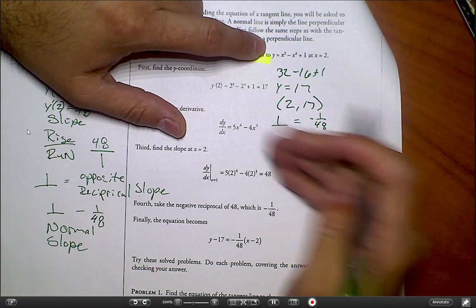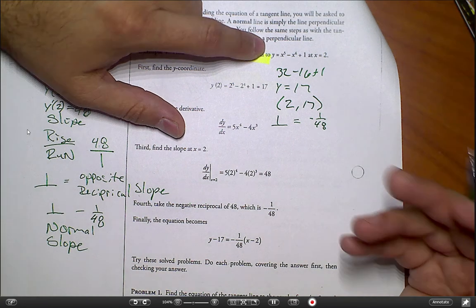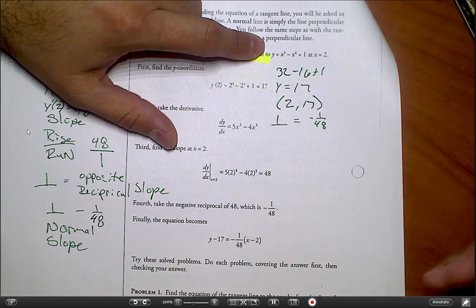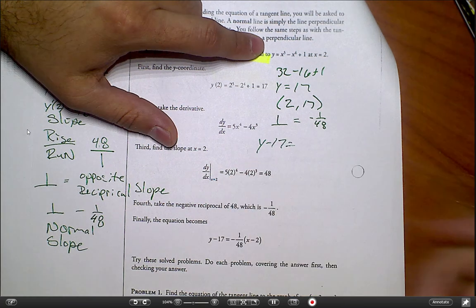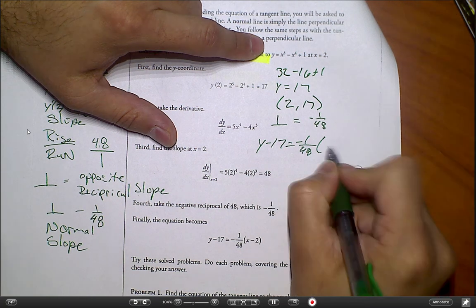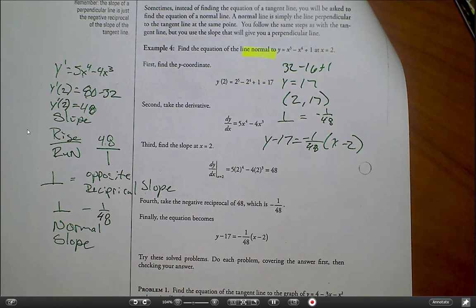I hate looking at other people's stuff because sometimes I can't follow what they're doing, and I need my brain to go step by step on this. So it's going to be y minus 17 is equal to negative 1 over 48, quantity x minus 2.